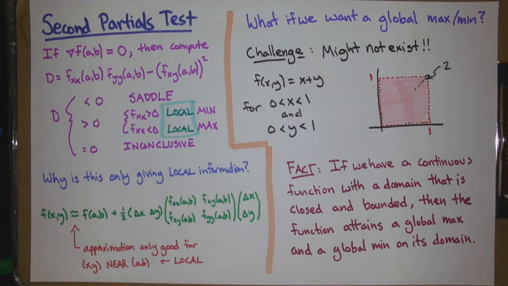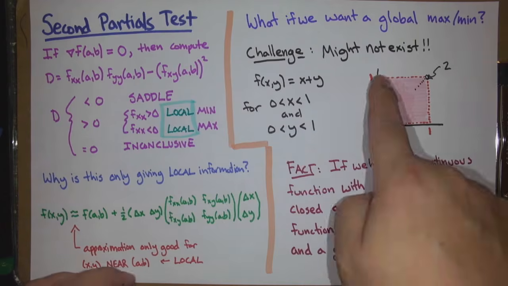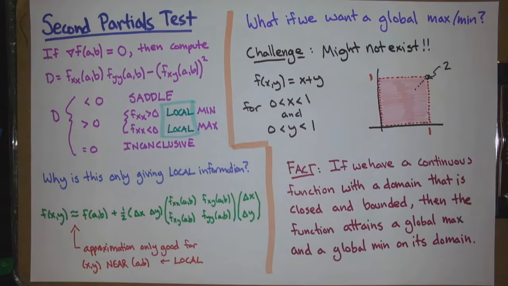Like solid lines instead of dotted lines? Solid lines instead of dotted lines is a great way to think about it. You include your boundary. So this one, we are not including our boundary. It's the dotted lines. All right. So closed, you have to include your edges. The other thing you need is bounded, which means that you can't have your domain be arbitrarily big. It all is relatively close.